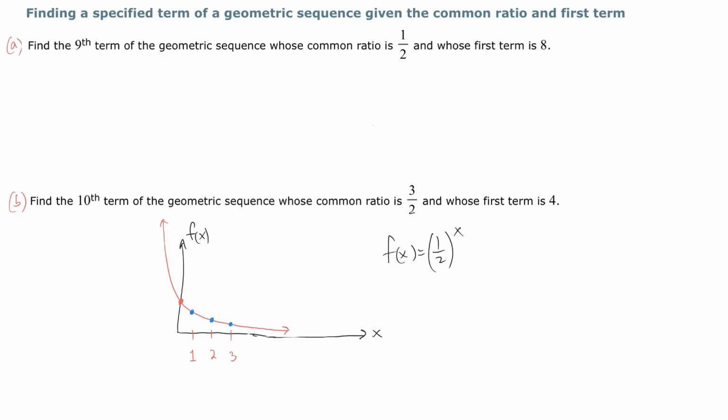The y value would be 0. It's approaching the y value of 0. If you go to 4, the values are getting lower and lower and lower. And of course, if you calculate that, it will indicate that as well. If you take f of 4, you get 1/2 raised to the 4th power, which is 1/16.